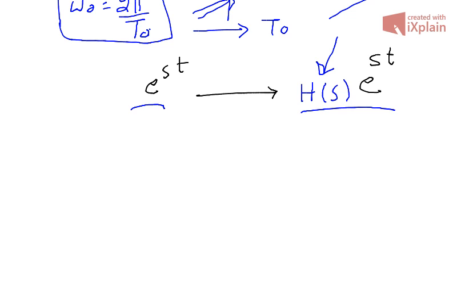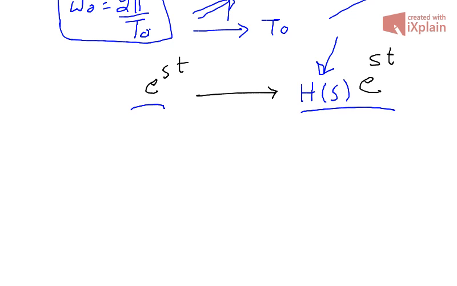What is actually the eigenvalue and what is the eigenfunction? Keep in mind, when we give the input as a complex exponential, the output is a complex exponential. These complex exponentials are the eigenfunctions of the LTI system.